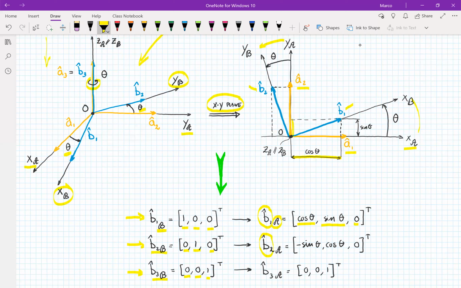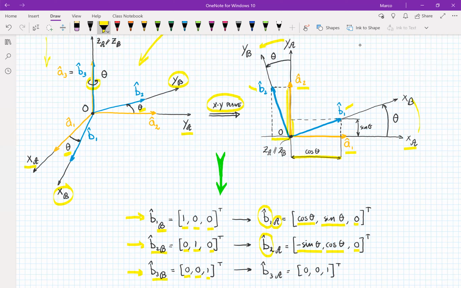In the XA direction, we have a negative component, which is equal to minus sine of theta. The projection of B2 in the YA direction is equal to cosine of theta. And once again, the Z component is 0.